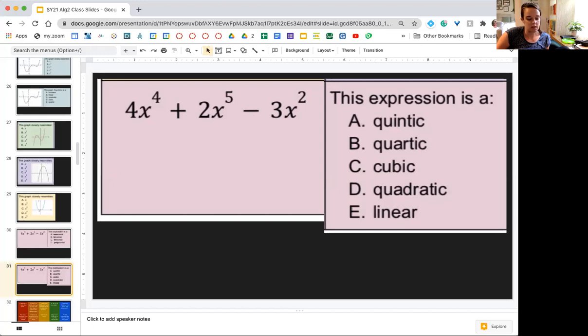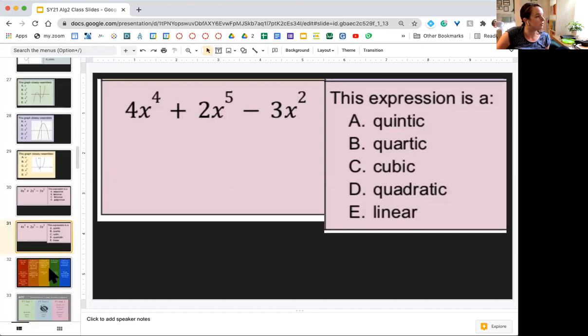Take about 5 more seconds. 3, 2, and 1. Awesome. All right. So it looks like most of us are 5s and 4s, a couple 3s and 2s here. So great. I'm glad that we're in a decent space.